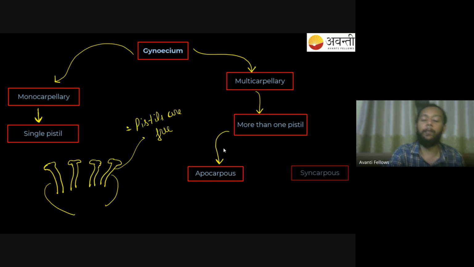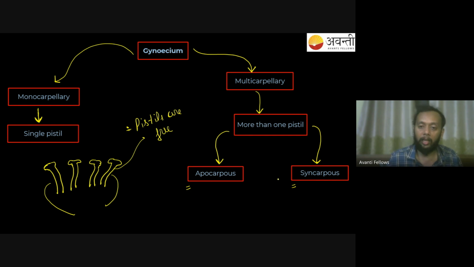On the other hand, if you have 4-5 pistils and they are all attached to each other, सबके सब एक दूसरे से चिपके हुए, then that condition is called syncarpous. So syncarpous is a condition in which the pistils are attached to each other, and apocarpous is a condition in which the pistils are free from each other.